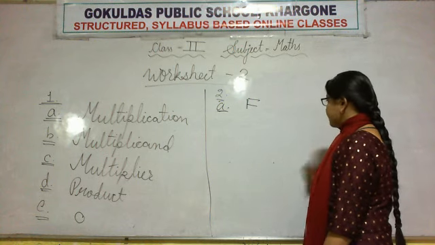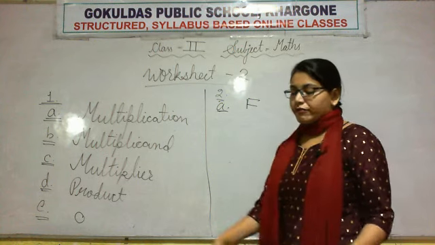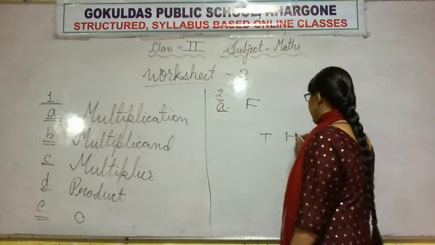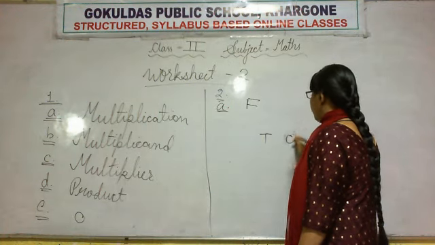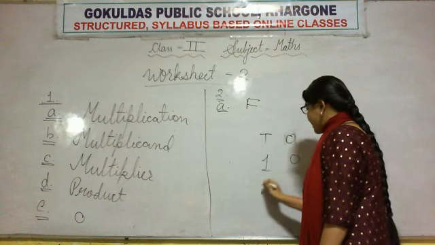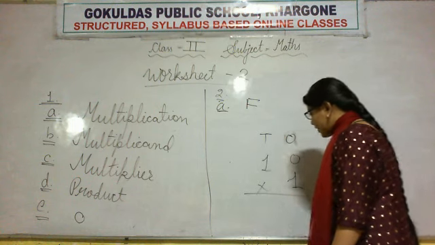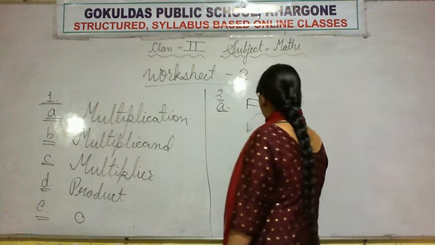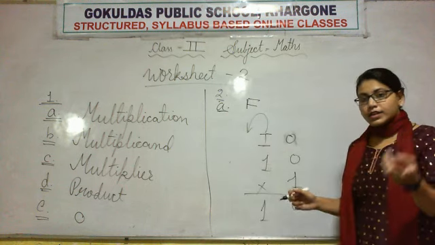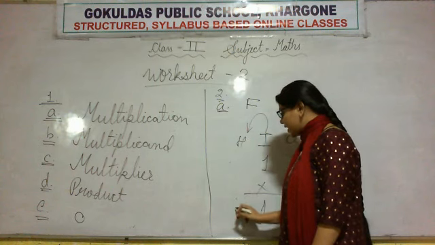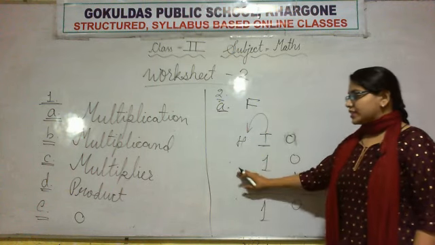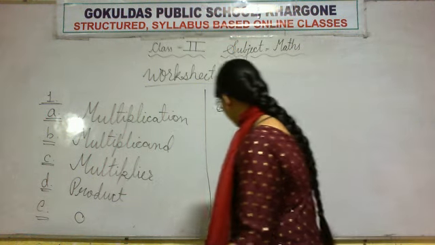One place ahead means the 10's place. Let's take a 2 digit number example: 10 into 1. 10 ones are 10. So when we multiply a 2 digit number, we get a 2 digit result.